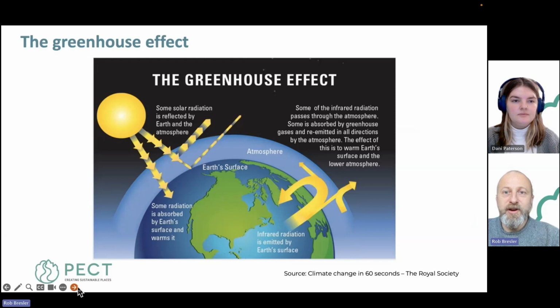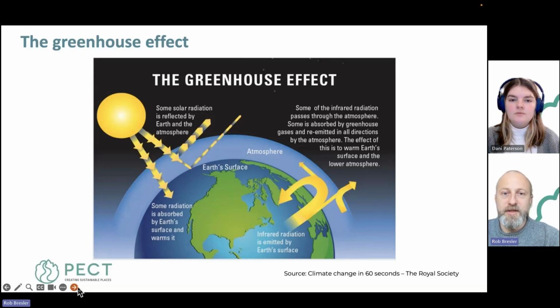So the greenhouse gas effect is effectively how heat is trapped within our own atmosphere and how that can gradually warm over time. We have solar radiation coming from the sun that comes down to Earth, and some of that is absorbed by the Earth's surface and warms it up. When we have ice cover, we can get a lot more solar radiation reflected back out into space.